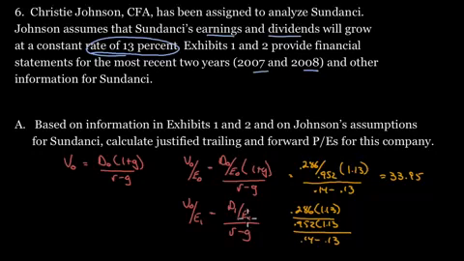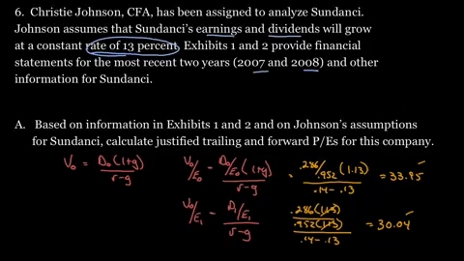The reason why we could just use the same terms is because this and this cancel out. If they have the same growth rate, we don't have to multiply them. So we'll just have the same dividend payout ratio of 0.3, divided by the 0.01, which will give us 30.04. So justified trailing, 33.95, justified forward, 30.04.